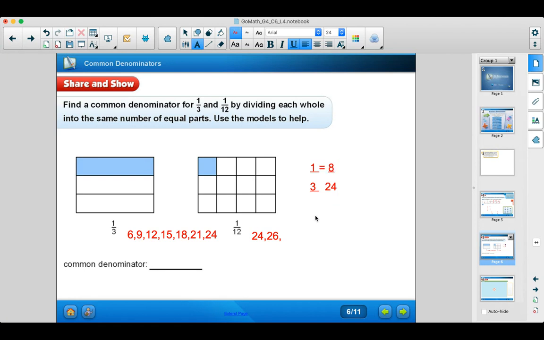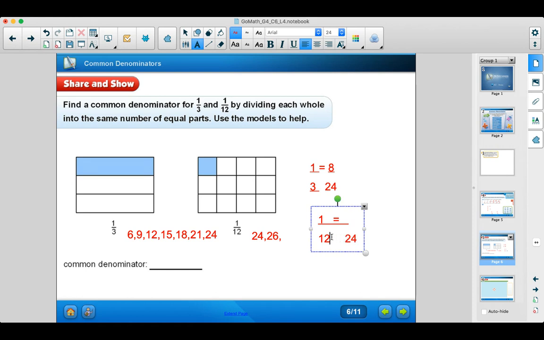Now 1/12 is equal to, what's our common denominator? 24.